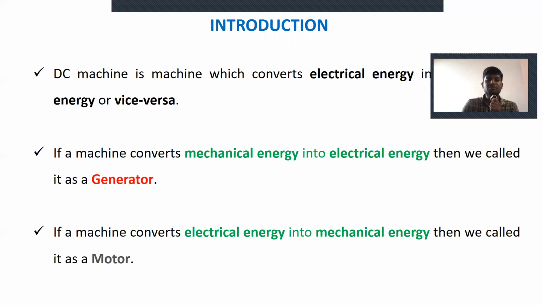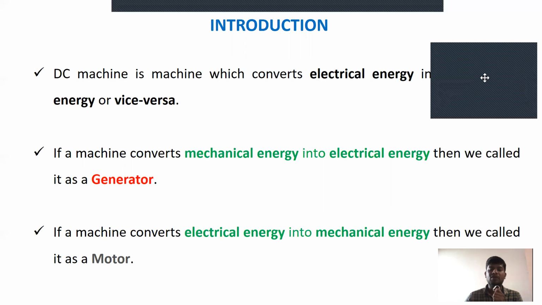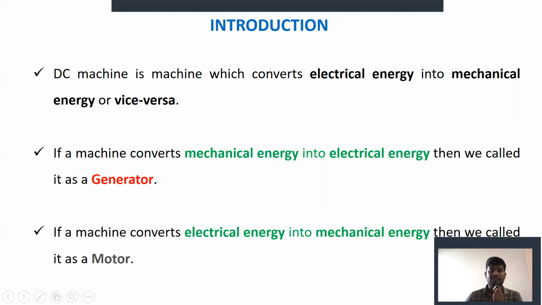So the DC machines can convert electrical energy into mechanical energy or mechanical energy into electrical energy, that is vice versa. A machine which converts mechanical energy into electrical energy is called a generator. A machine which converts electrical energy into mechanical energy is called a motor.